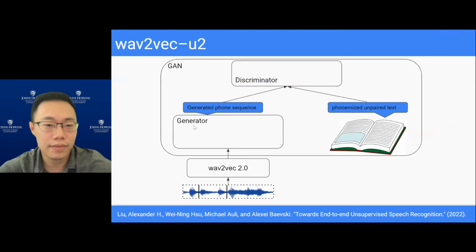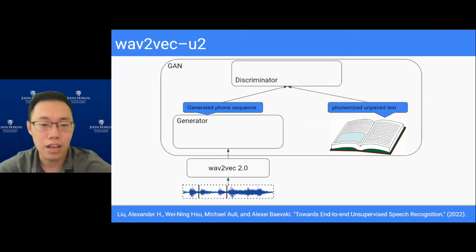And recently, Meta published a paper in which they proposed their state-of-the-art unsupervised ASR model called Wav2Vec-U 2.0 using adversarial training. And this figure is the architecture of the model. It used Wav2Vec 2.0 as the feature extractor to extract features from the raw wave file, and then it passes them to the generator to generate phoneme sequences.